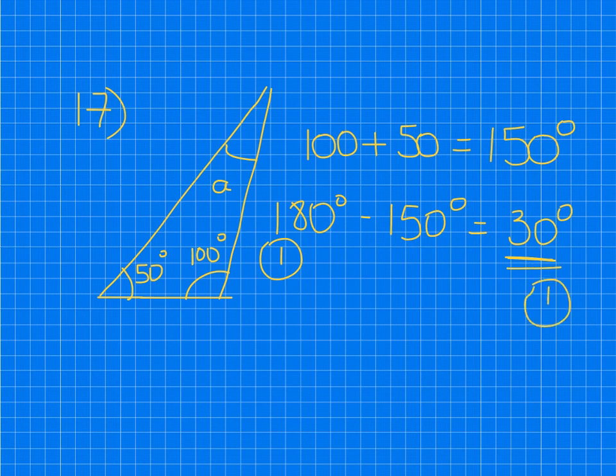Question 18. When 2 numbers are added, the answer is 17. When the same numbers are subtracted, the answer is 3. Well, first of all, think about pairs of numbers which sum to 17. 1 and 16, 2 and 15, 3 and 14, 4 and 13, 5 and 12.